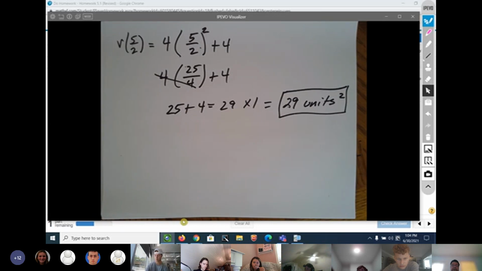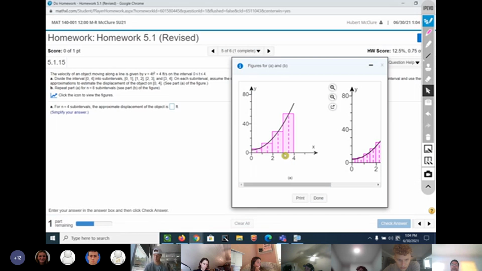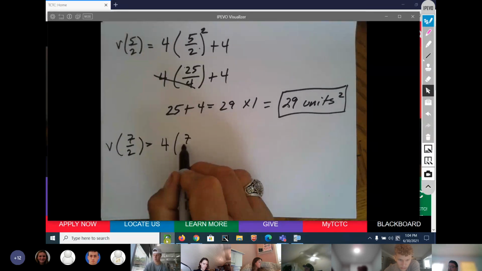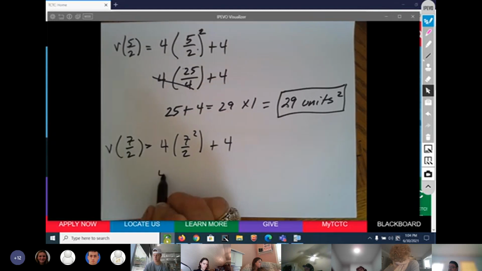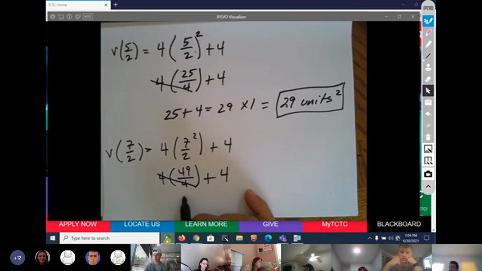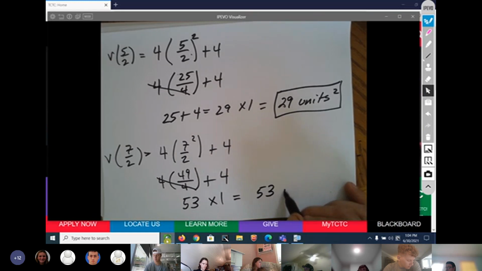And then the last one is 3.5. Well, 3.5 is what? 7/2. So V of 7/2 is equal to, excuse me, 4 times 7/2 squared plus 4 is 4 times 49/4 plus 4. 53 times 1 is 53 square units.